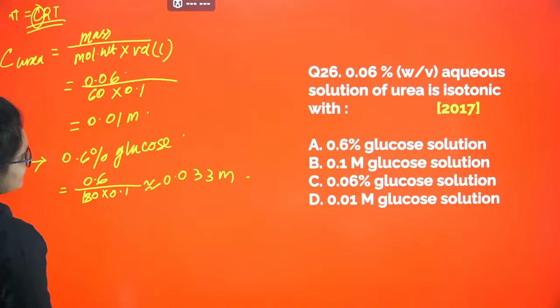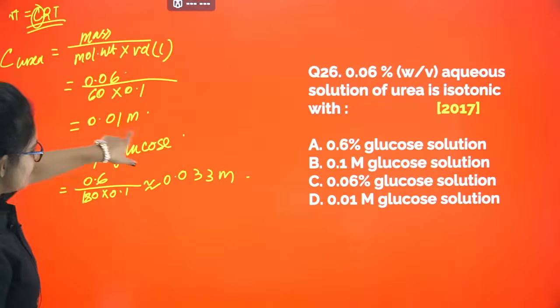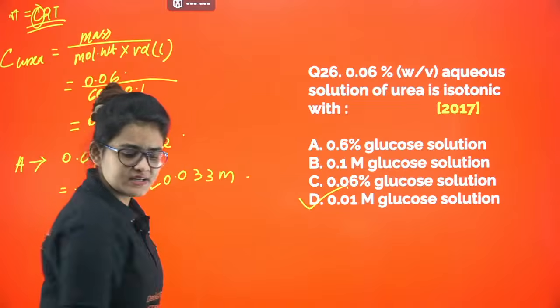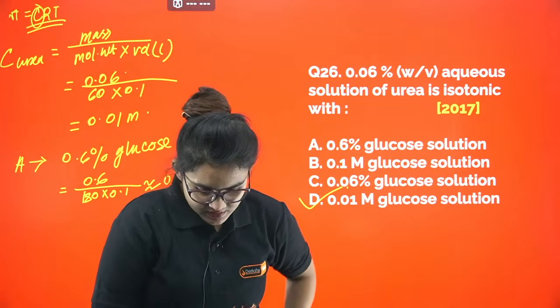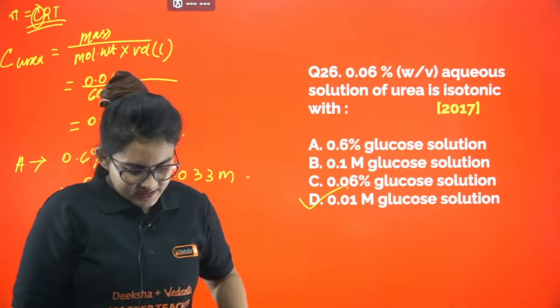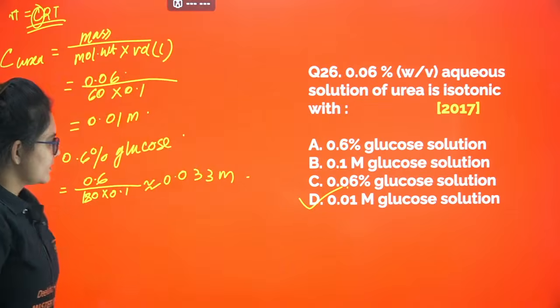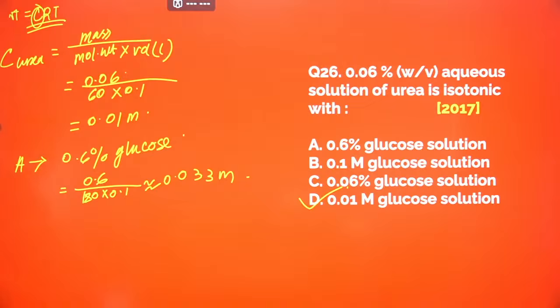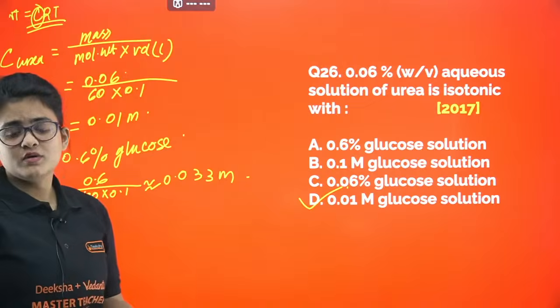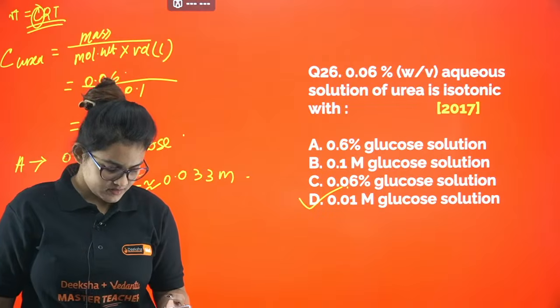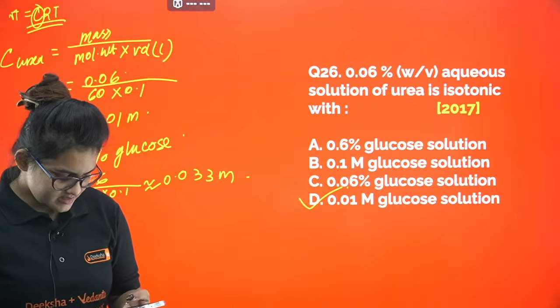Option C I am not going further, because it is quite similar to option D, so option D is going to be the correct one. Whenever you see the same concentration coming, you can tell that the pi value, meaning osmotic pressure, is similar.